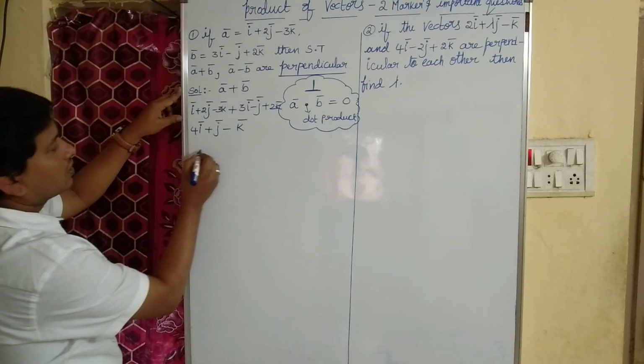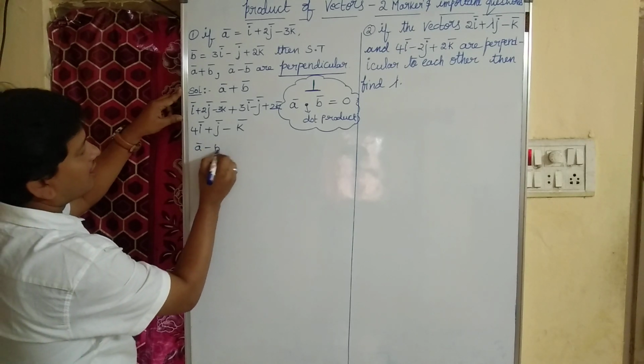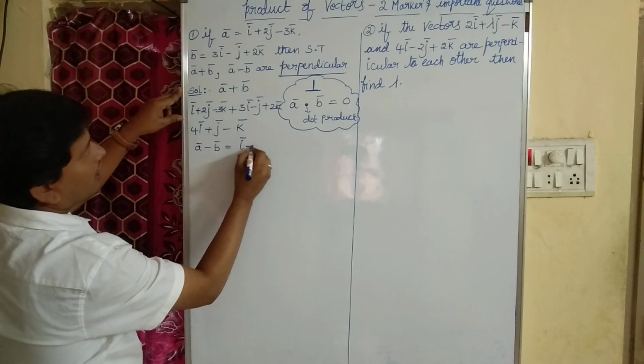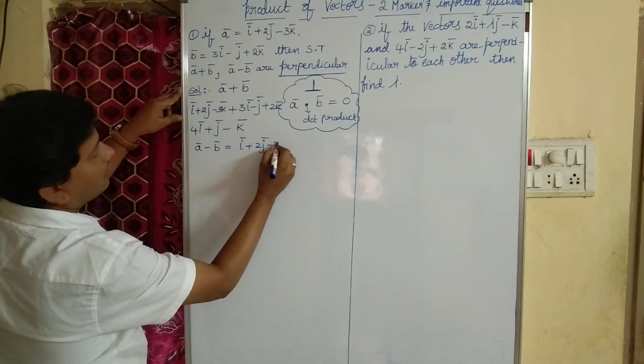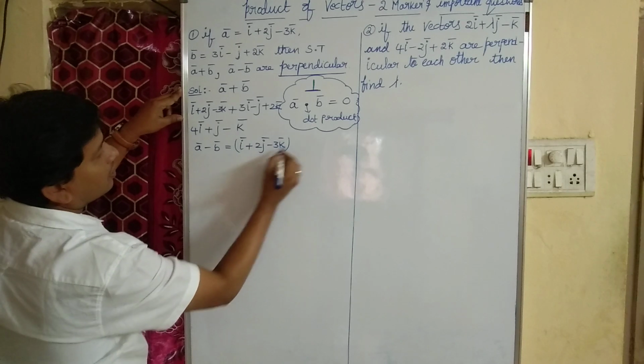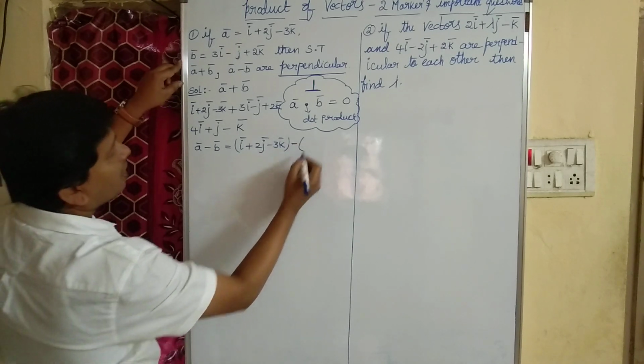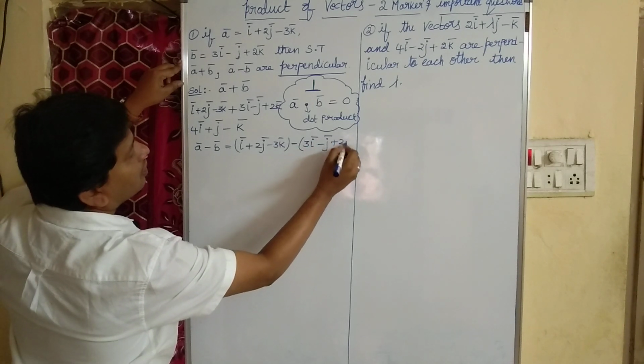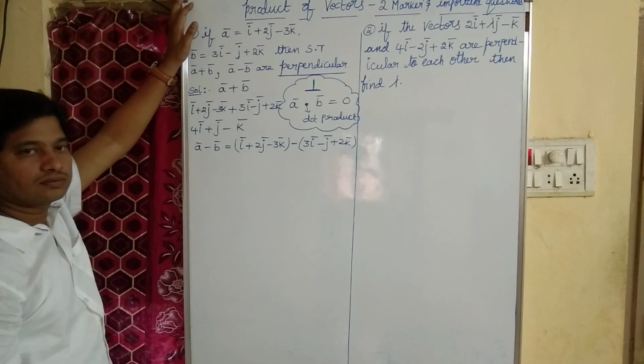Now coming to the second one, A bar minus B bar. A bar is I bar plus 2J bar minus 3K bar, minus B bar, which is 3I bar minus J bar plus 2K bar.